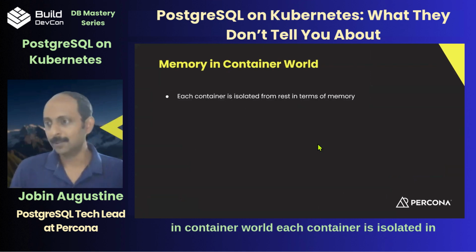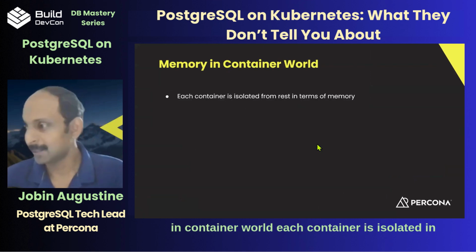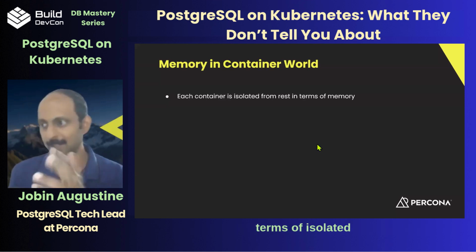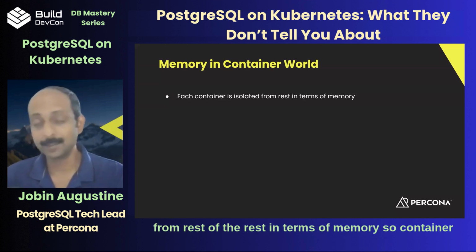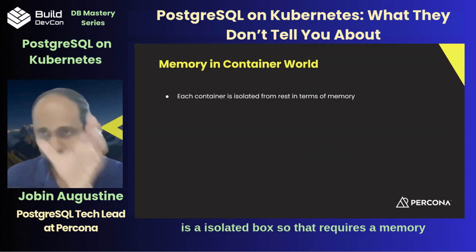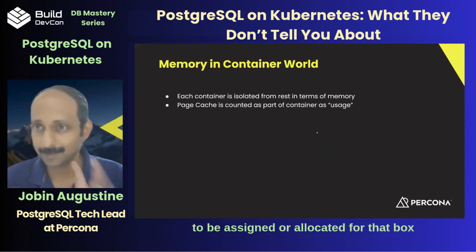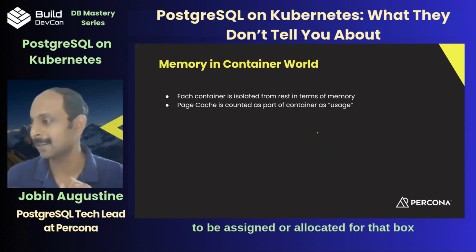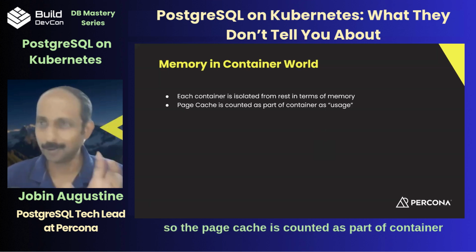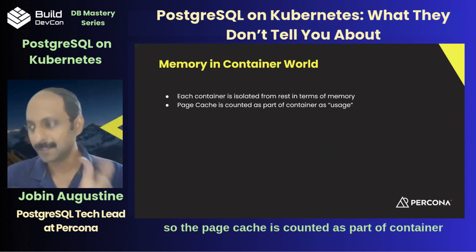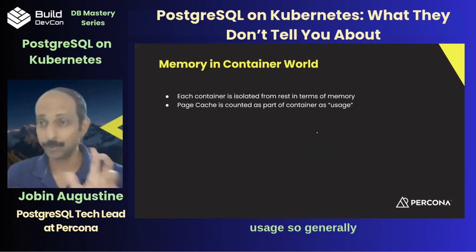Memory in the container world. Each container is isolated from the rest in terms of memory. So container is an isolated box, and that requires memory to be assigned or allocated for that box. So the page cache is counted as part of the container's usage.